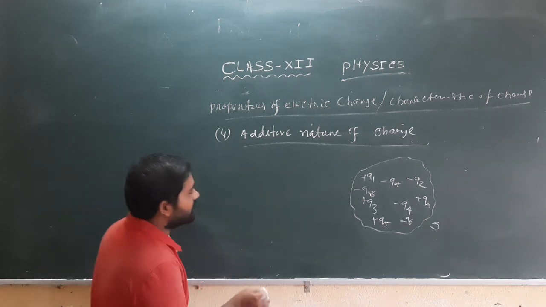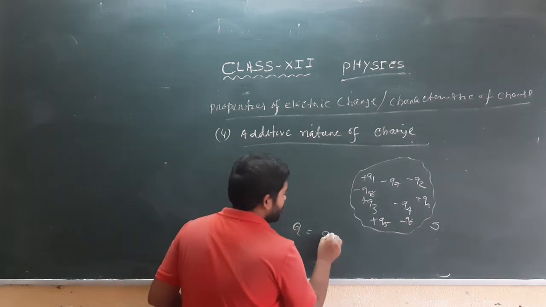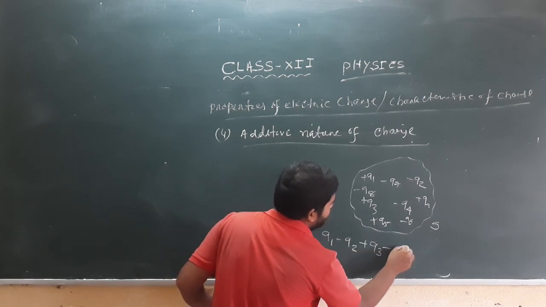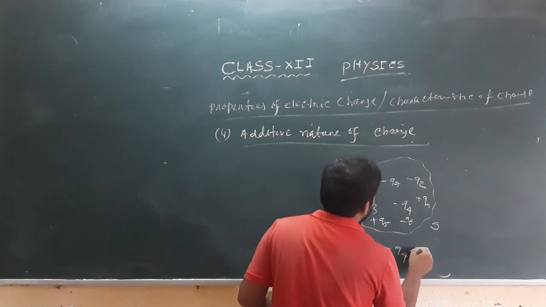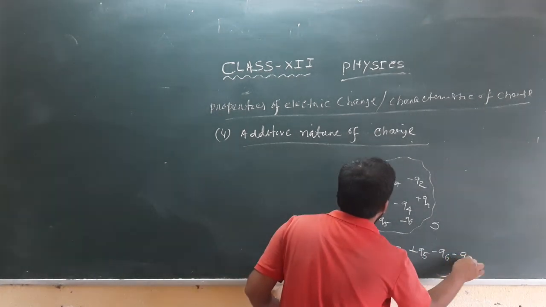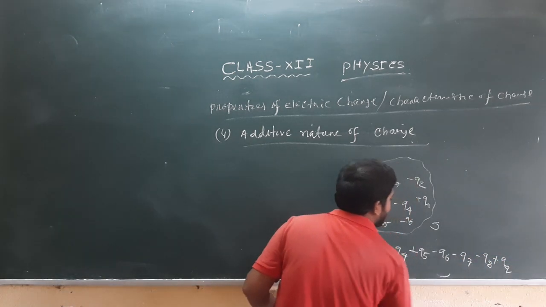So in such a case the total charge Q will be q1 minus q2 plus q3 minus q4 plus q5 minus q6 minus q7 minus q8 plus q9.